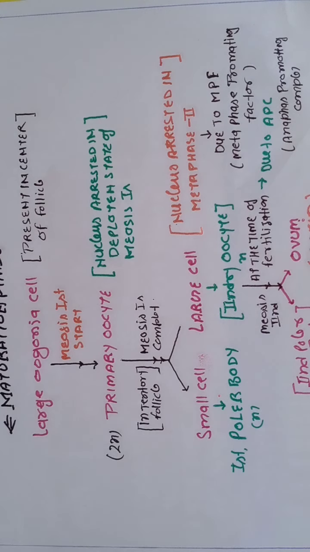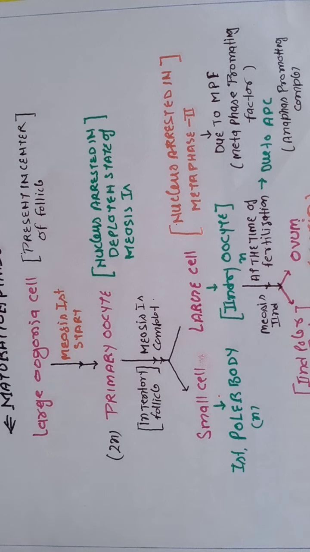Now the secondary oocyte formed is haploid in nature, and meiosis second is completed only at the time of fertilization, when the sperm touches the ovum. Suppose that after ovulation this secondary oocyte reaches the abdominal cavity, then the fallopian tube, and it waits for the sperm in the ampulla region of the fallopian tube.